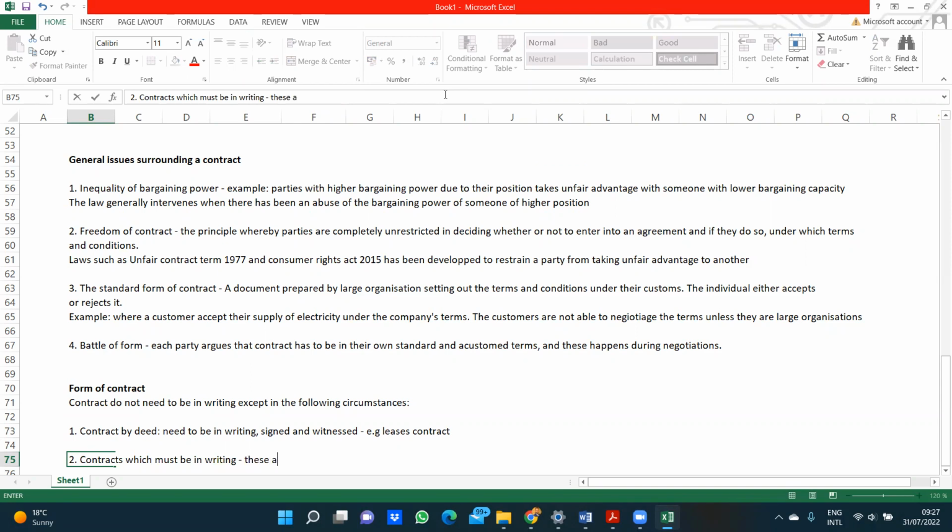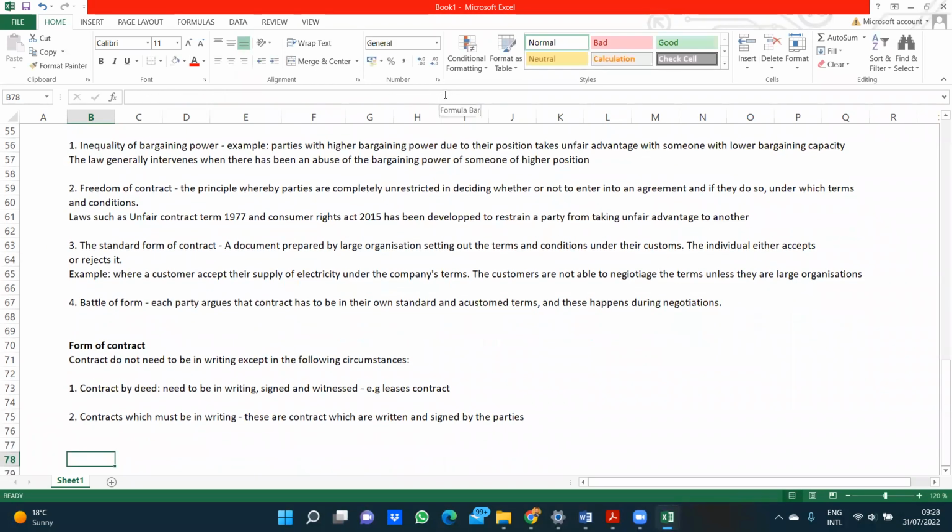These are contracts which are written and signed by the parties. Here there is no requirement to have witnesses, and if there are witnesses, it becomes a deed.